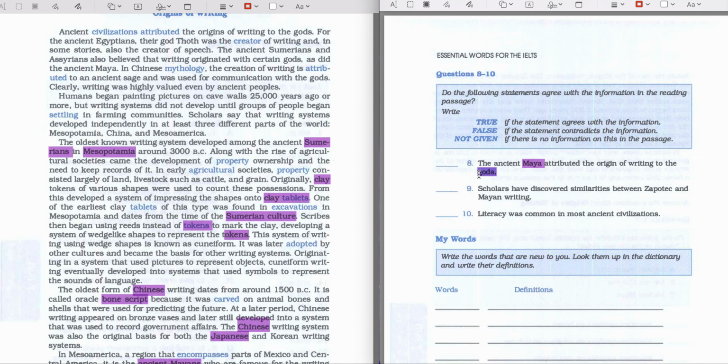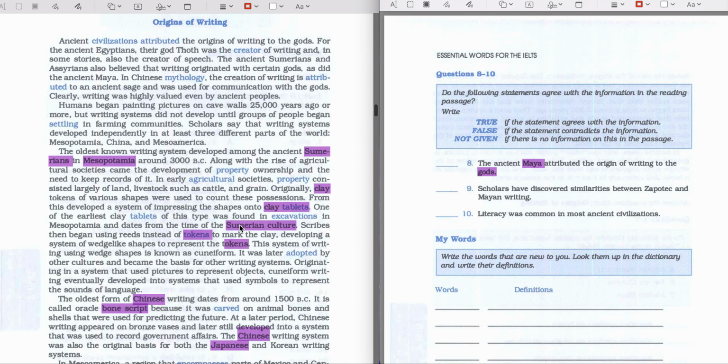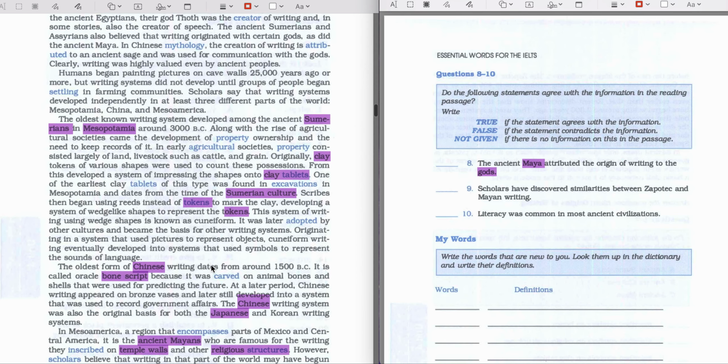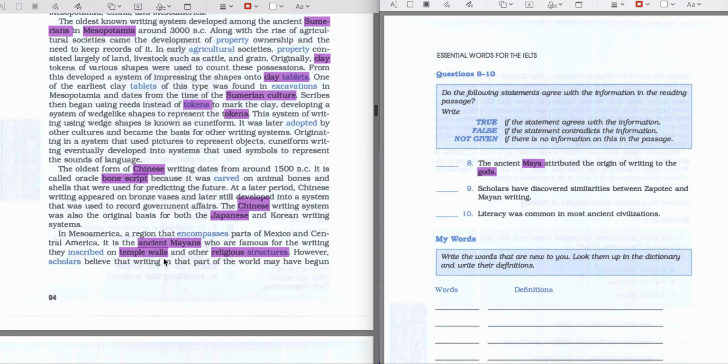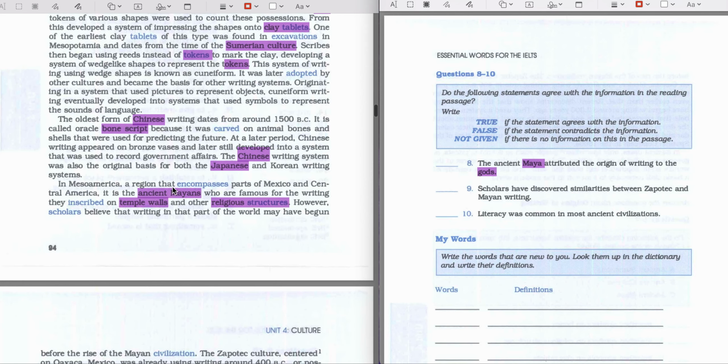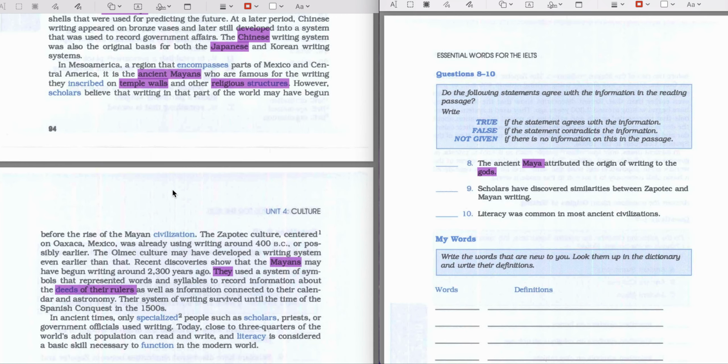Let's highlight these keywords. So we know from the text, so you scanned for a couple of minutes this text, right? You know in which paragraph you have any information related to any kind of civilization. Here we have Sumerians, here we have Chinese, here we have Maya. Don't scan whole text. You already know it, you've seen it. Just trust yourself and just go further, and you have Maya here. And find your keywords.